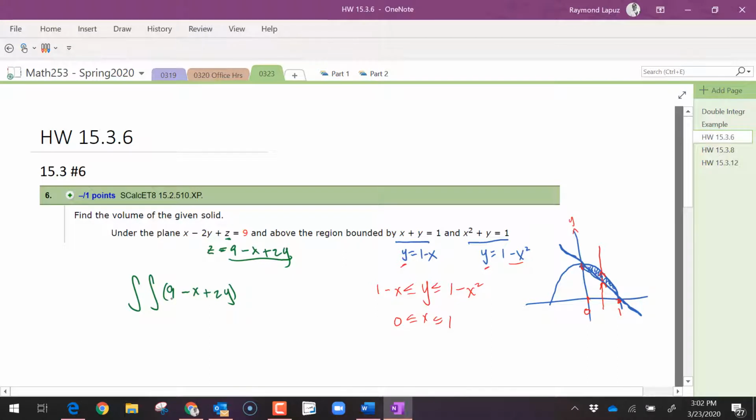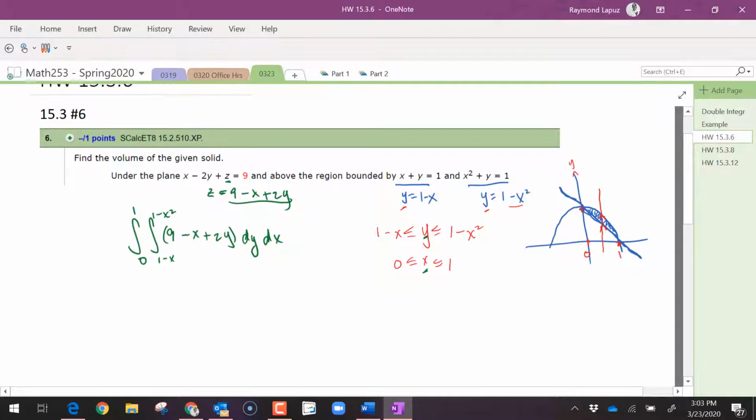That's your function surface up on top. We decided we're going to integrate with respect to y first, and the y limits are going to be 1 minus x to 1 minus x squared. And then we will integrate with respect to x as our outer integral with constant limits 0 to 1.